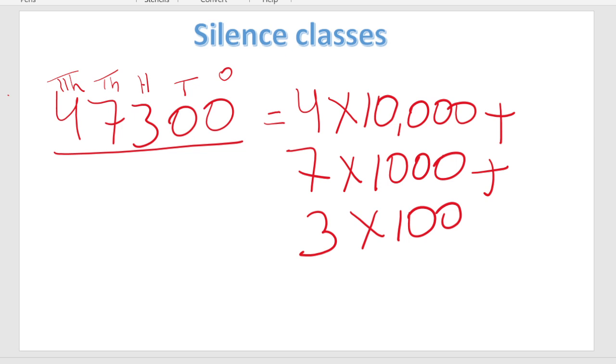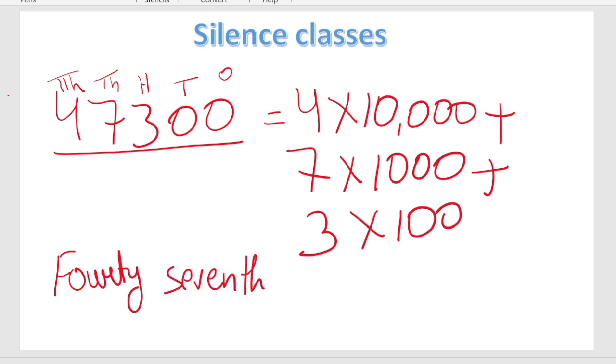Both the others are 0, so we don't have to do anything. This is the expansion method. And in words, we write 47,300.